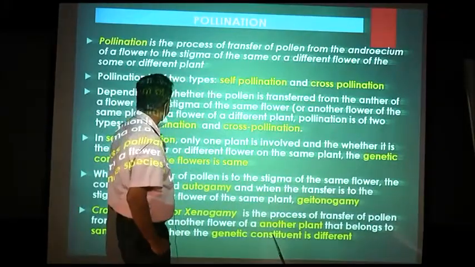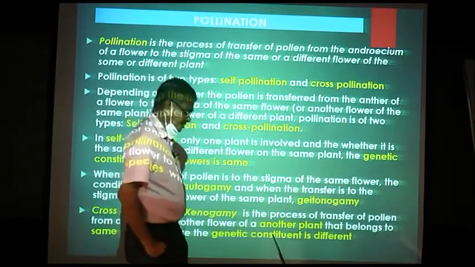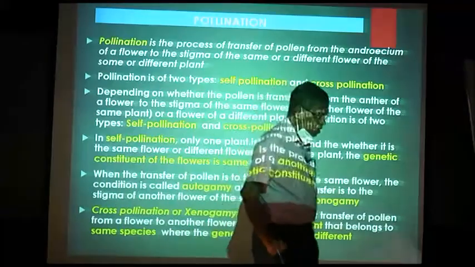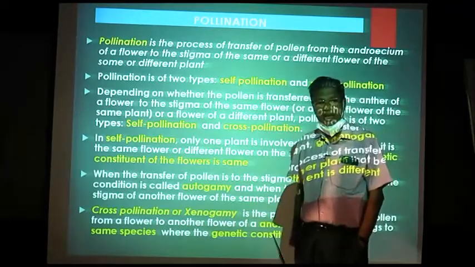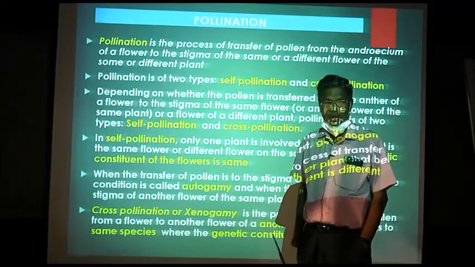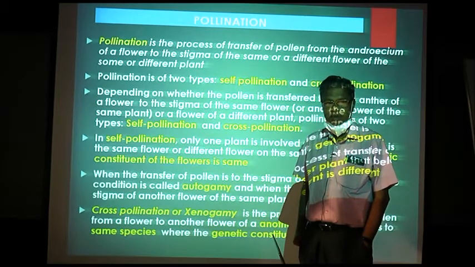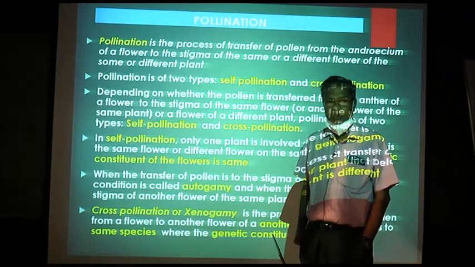Now we have completed, as per your course, the development of male gametophyte and development of female gametophyte. Now we will discuss pollination. What is the pollination part with reference to the male gametophyte and the female gametophyte? What is the ultimate product of male gametophyte? It is pollen grain. What does it have? A nucleus.